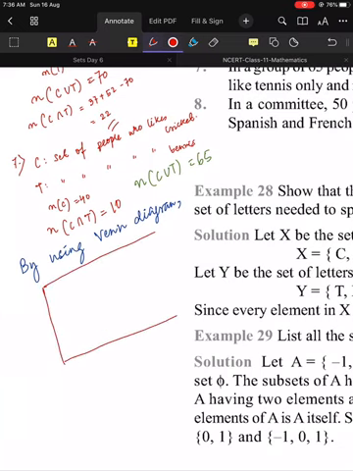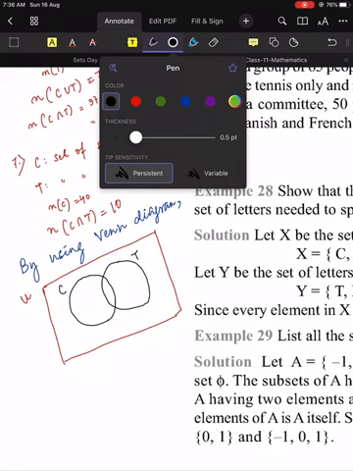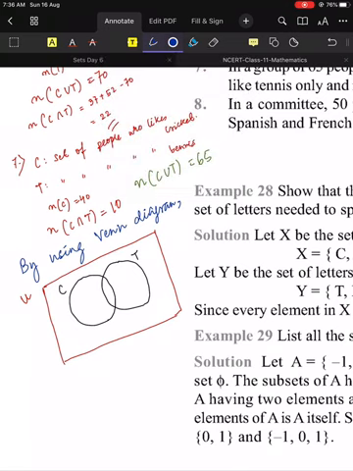This is our universal set. Here we have cricket and this is our tennis. The people who like both tennis and cricket will come in the middle. So here it will be 10.